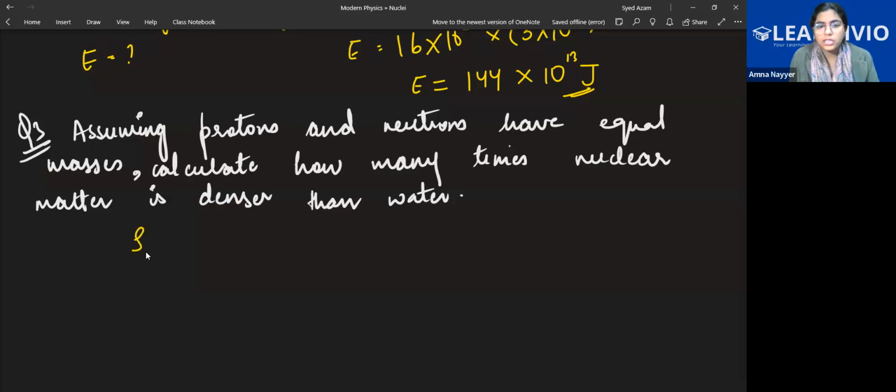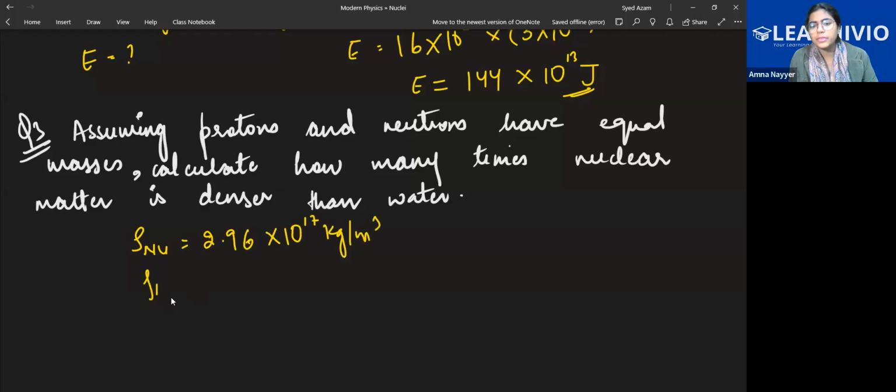So see, for the nuclear matter, the density is fixed, 2.96 into 10 to the power 17 kg per meter cube. Density of water is also fixed, that is 1000 kg per meter cube.